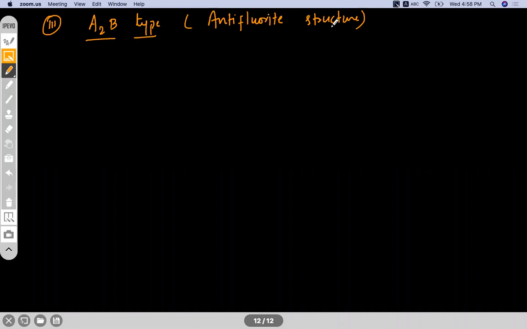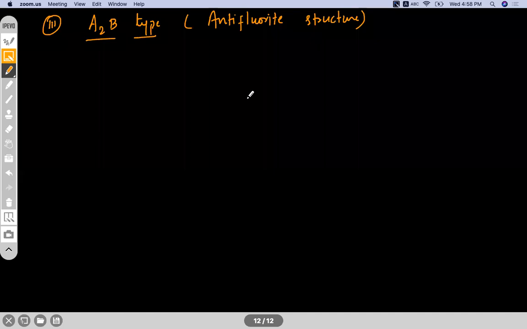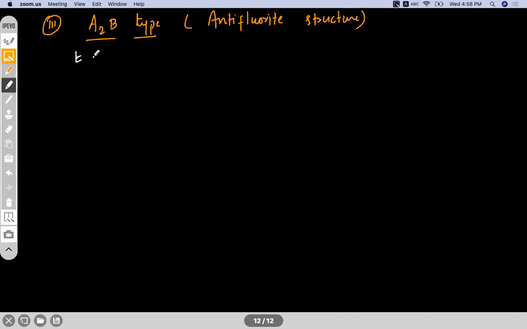Means you can see here the position of cations there in fluorite here becomes the position of anions and things like that. Suppose I'm taking one example here of Na2O type. The position of O2- ion here, you see, O2- ion is arranged in CCP manner.